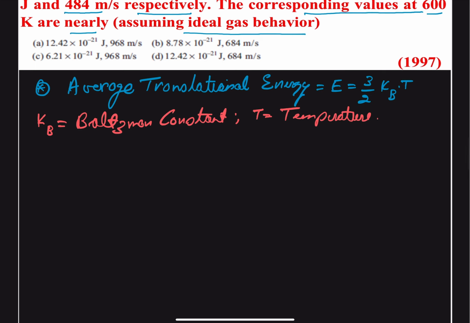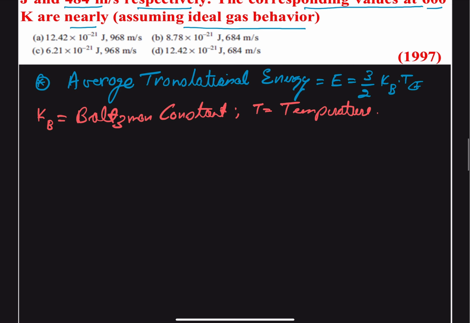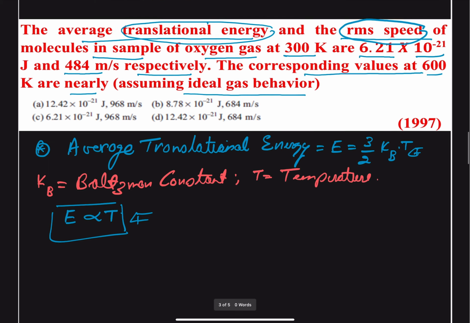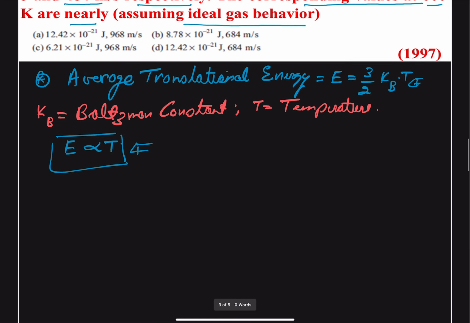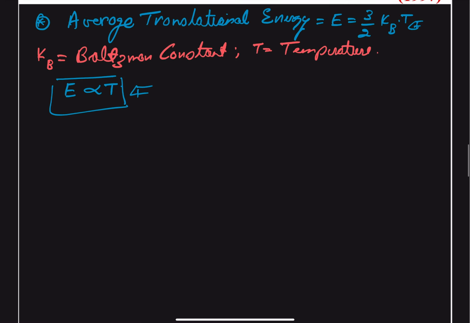So, based on the translation energy equation, our energy E is directly proportional to T. We can now write this for two temperatures, one is 300 and another one is 600.